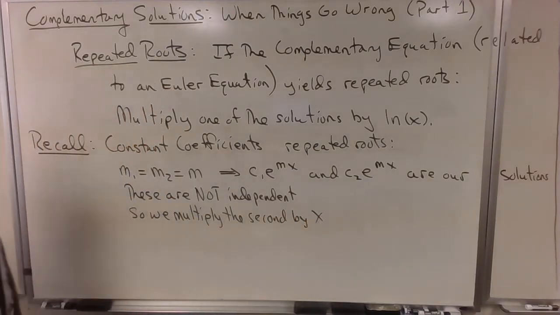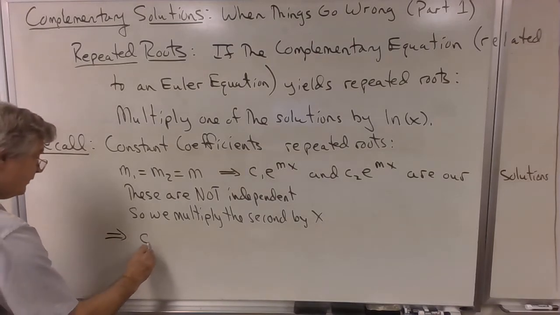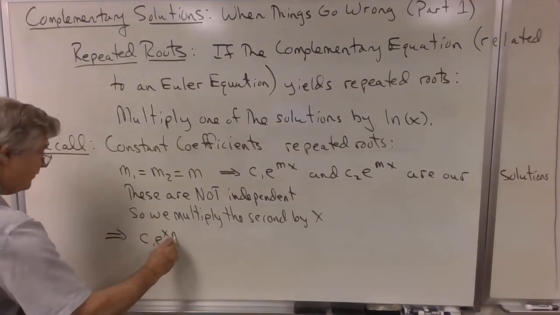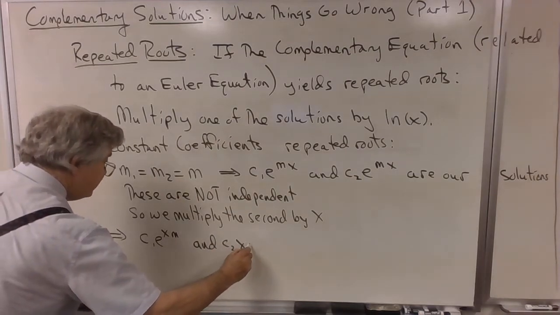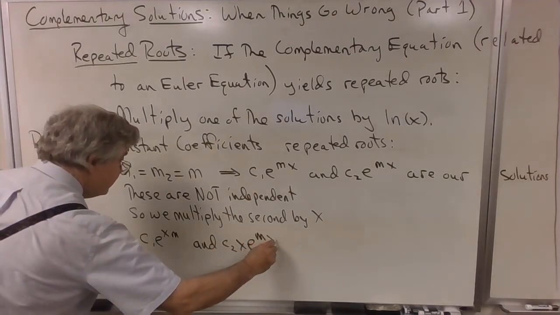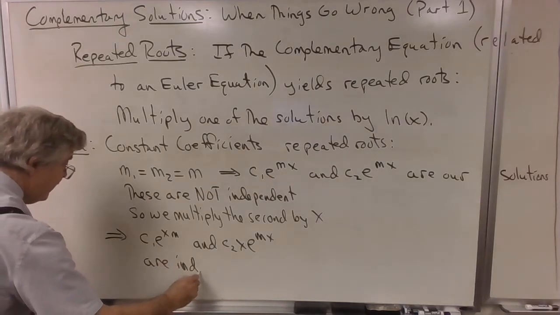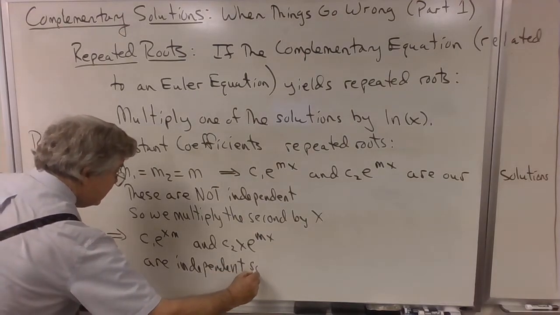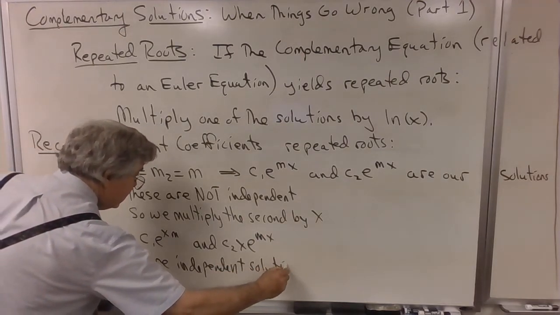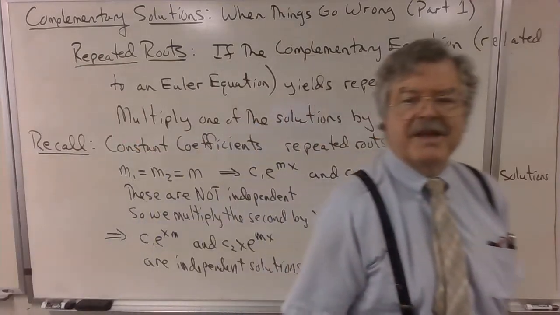So we multiply the second by x. And we get C1 e to the mx and C2x e to the mx are our independent solutions. Can we read that? I hope so.